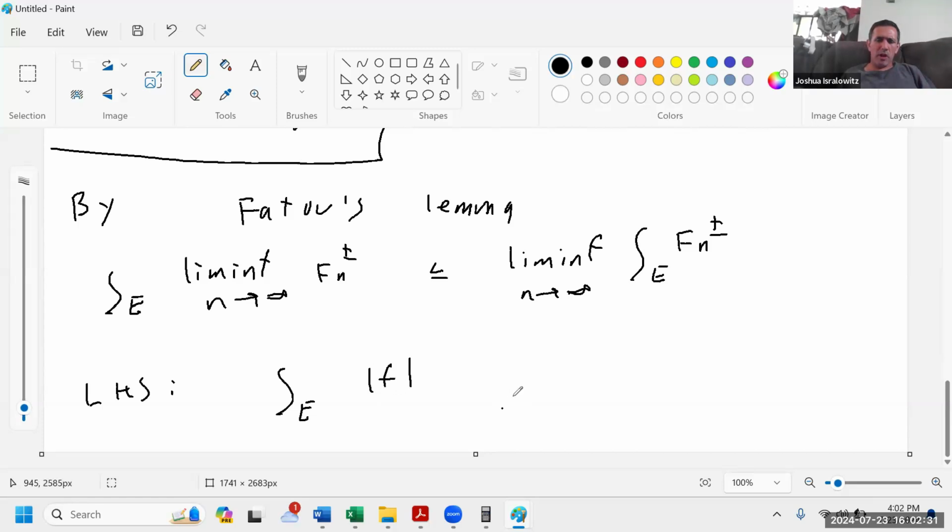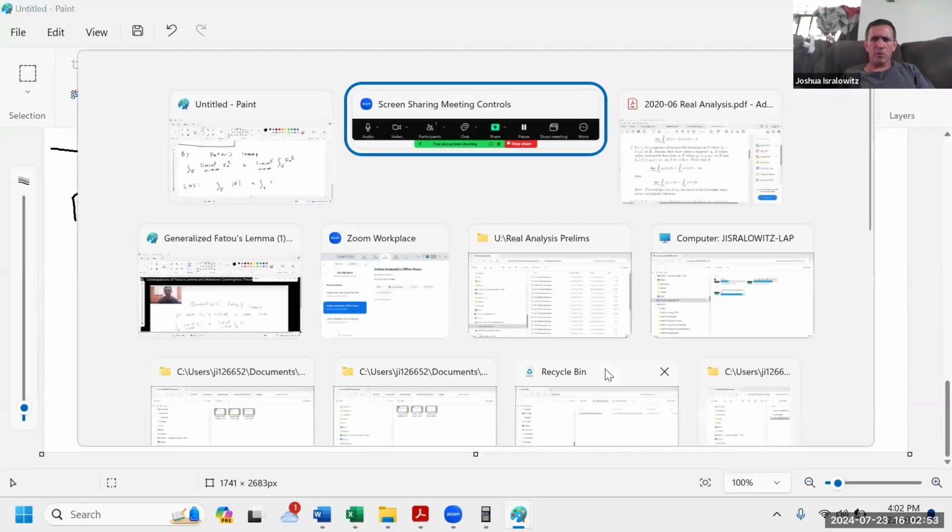But okay, so by again Fatou's lemma, well, this is one of the consequences of Fatou's lemma. If you forget it, I'm just going to say it's Fatou's lemma. So this equals, because Fn converges to F almost everywhere.